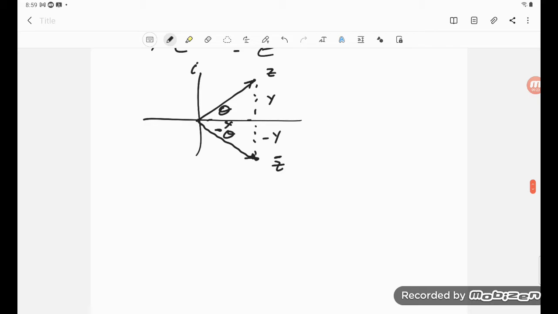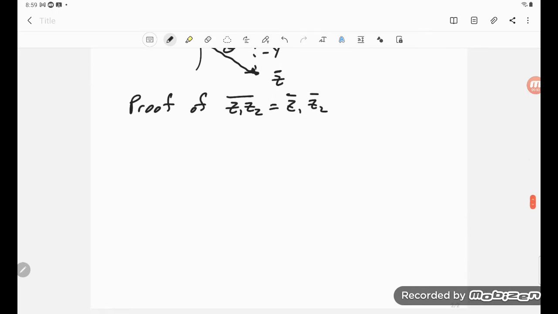Okay, so those are a bunch of the properties. Now, the textbook does a proof of B, and that's that the conjugate of z1 z2 is z1 conjugate times z2 conjugate. And in some ways you could do these in any sort of order.